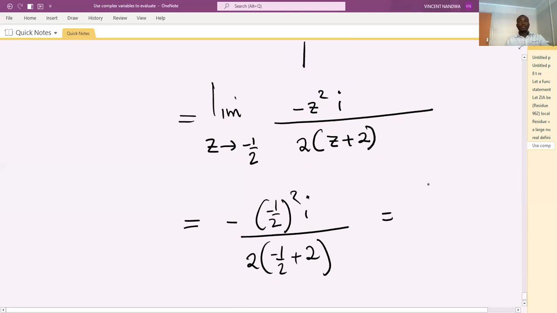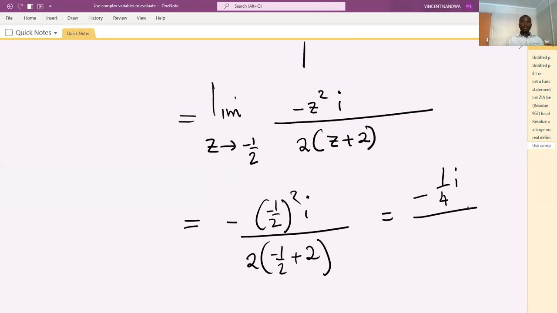Now, this will be negative 1 over 4i, and then negative a half plus 2 is 3 over 2.